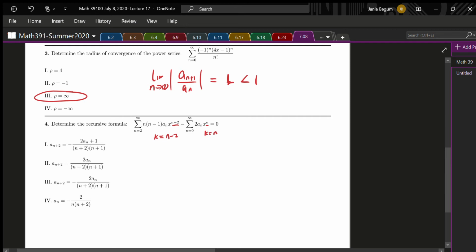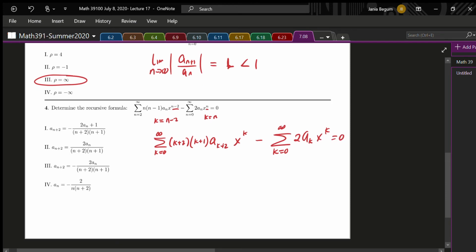So then the first summation, we're going to have, if n is equal to 2, k is going to start at 0. If n is equal to infinity, k will also be infinity. And then we have n, that's going to be k plus 2, and then n minus 1 would be k plus 1, a sub k plus 2, x to the k minus the sum starting from k equals 0 to infinity, 2 times a sub k, x to the k equals to 0.